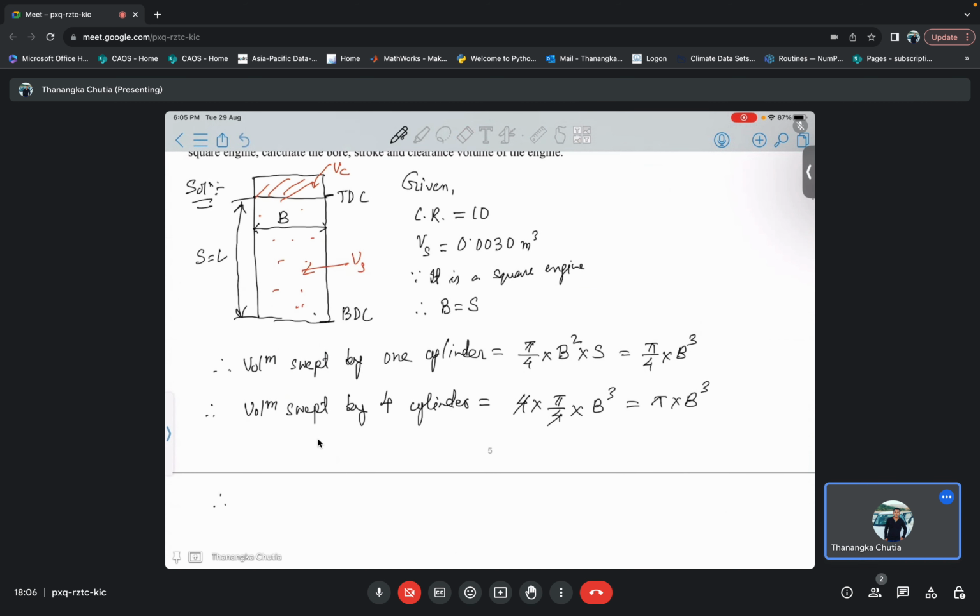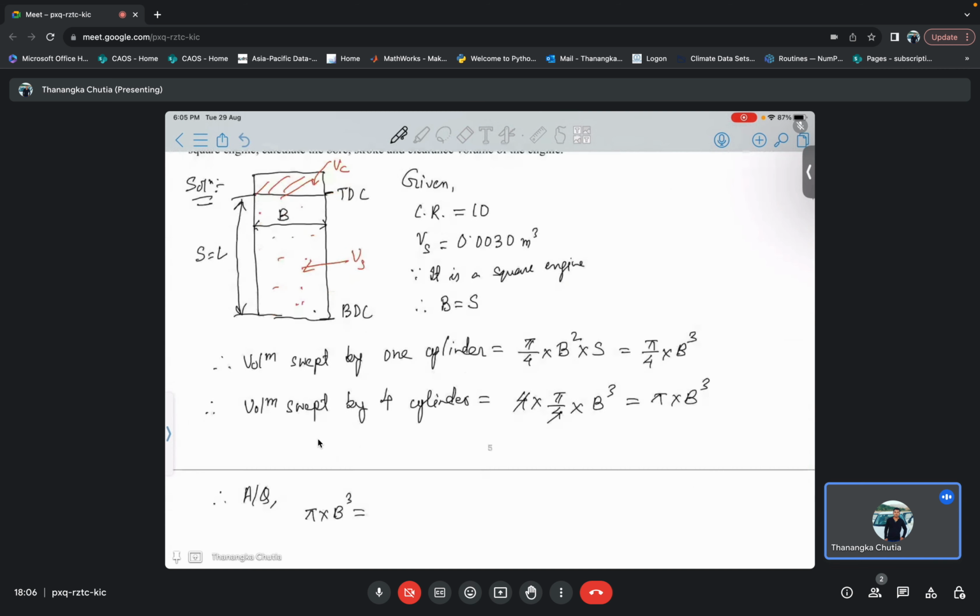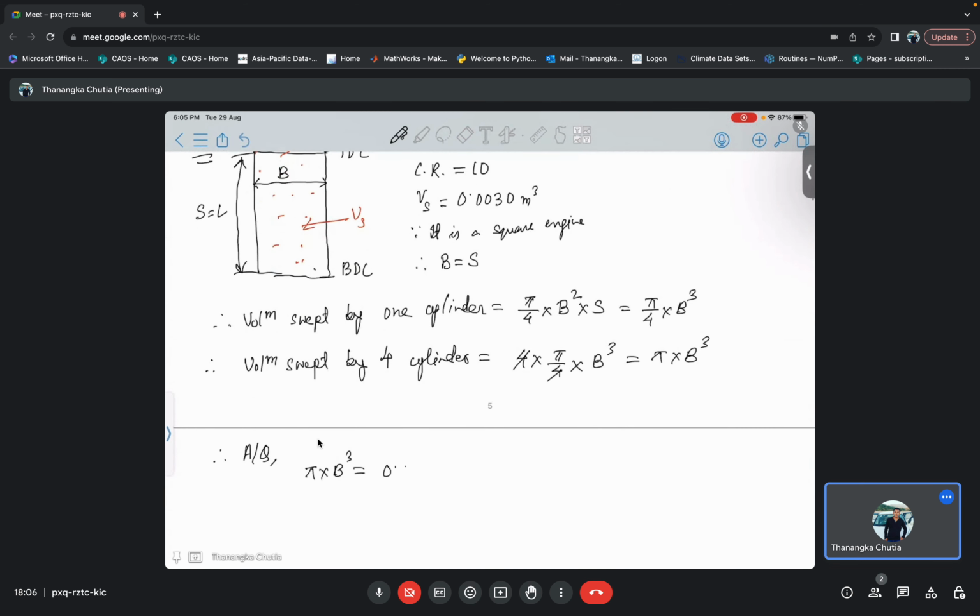So according to the question, this volume swept by the 4 cylinders is equal to 0.0030, and from here B will be nothing but 0.0030 divided by pi, to the power 1 by 3.